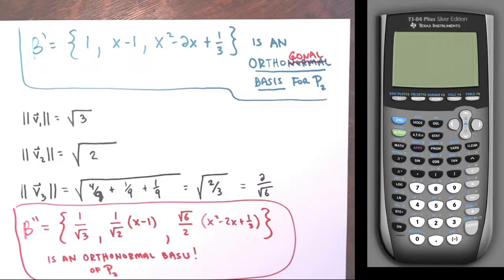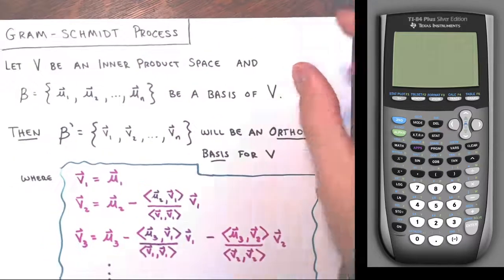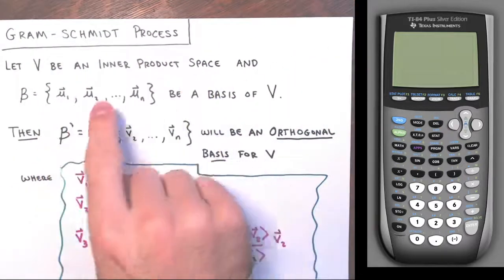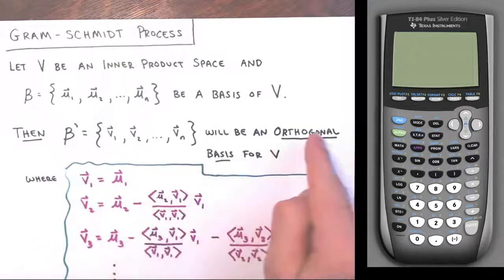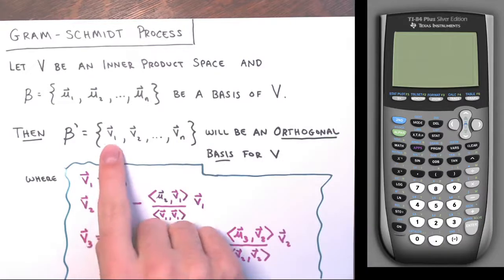All right, so the Gram-Schmidt process, though, right? Notice I didn't change the process, even though the inner product was improper before. The process stayed the same. All right, it was this thing here. So if you're going to take anything away from this video, it's the following. If V is an inner product space and B is some basis for V, then you can construct an orthogonal basis, say V1 through Vn.